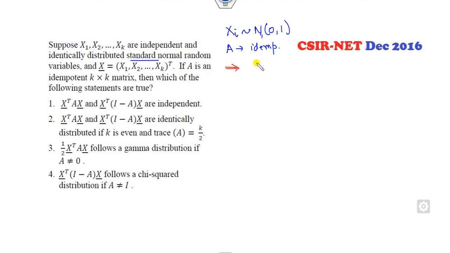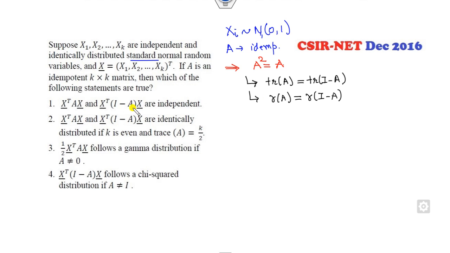Always remember, as we have discussed in linear algebra, whenever A square is equal to A, the trace of A and the trace of I minus A are the same, and the rank of A and the rank of I minus A are the same whenever you have an idempotent matrix.